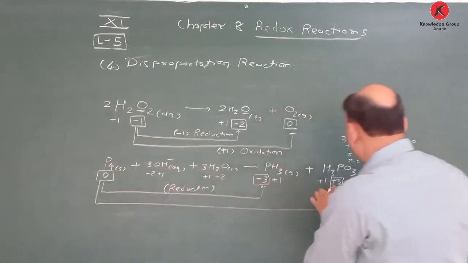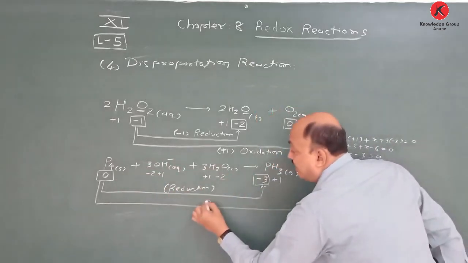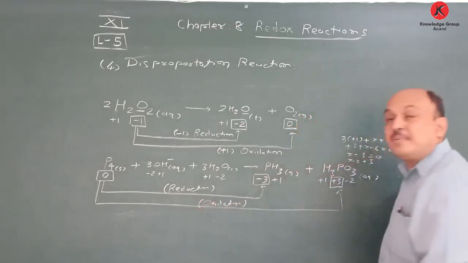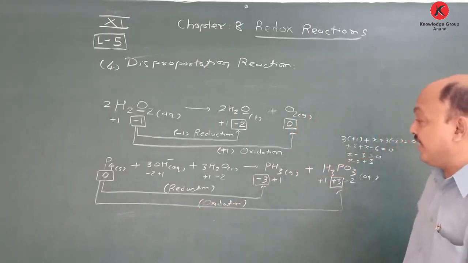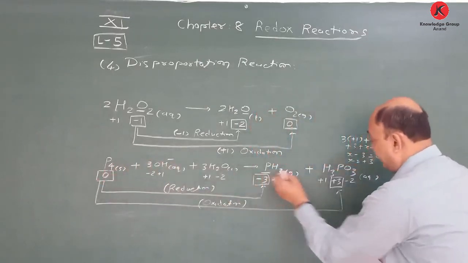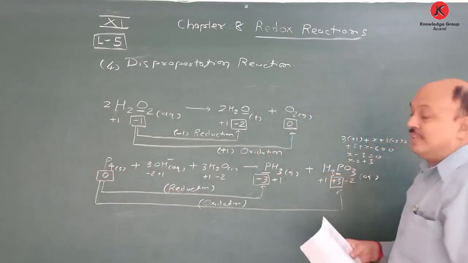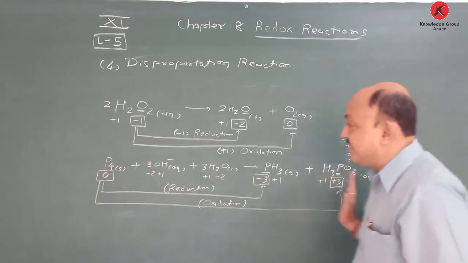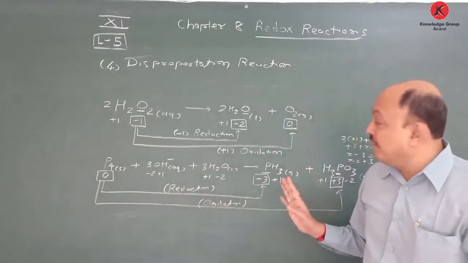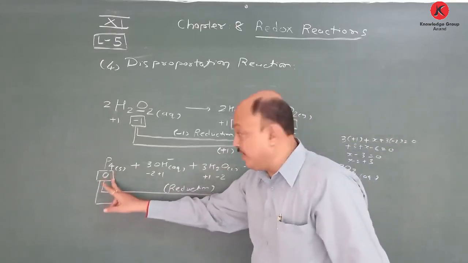Same way, 0 to plus 3 is an oxidation. And that is nothing but a disproportionation reaction. Just you see, phosphorus is here, also here, and also here. Therefore, it is considered a disproportionation reaction.